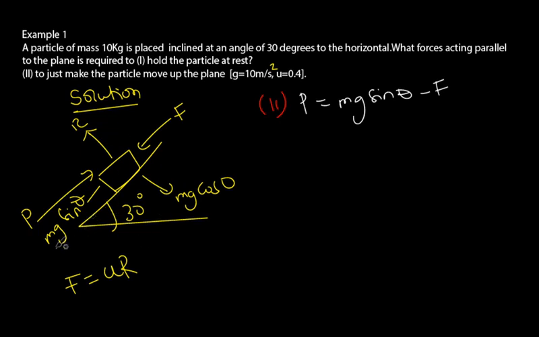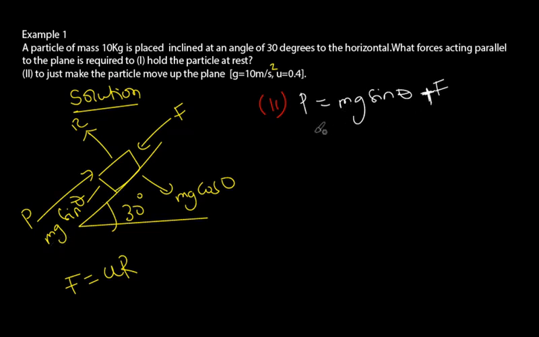For this particle to move up this plane, we need to add the frictional force to the force that we are applying, which is P. Once we add this, instead of subtracting, our force will be greater, and then it can move this body along the plane.